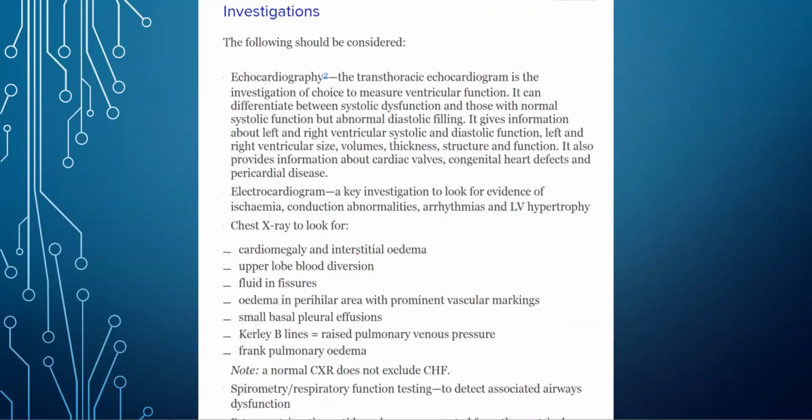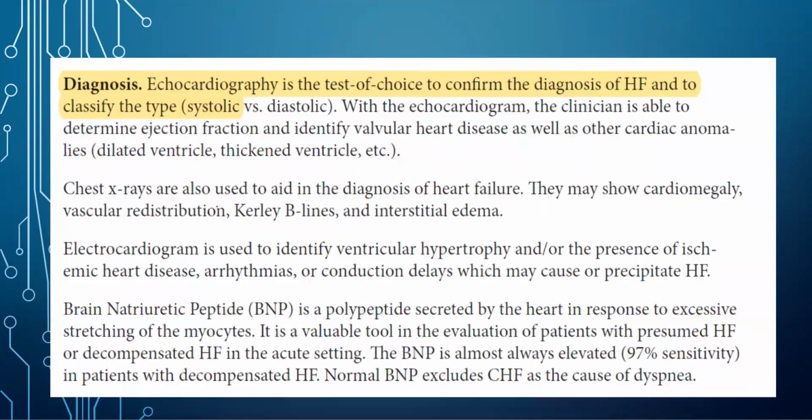Now you can do chest X-ray. Chest X-ray can show you the features of pulmonary edema, but it's not very, very important. But you have to do ECG, you have to do echocardiogram, that is a must. So the confirmatory test is echocardiogram, as we know already.